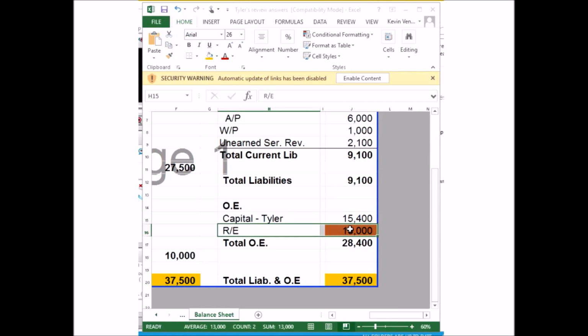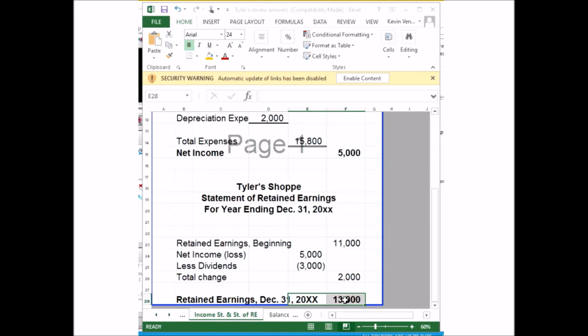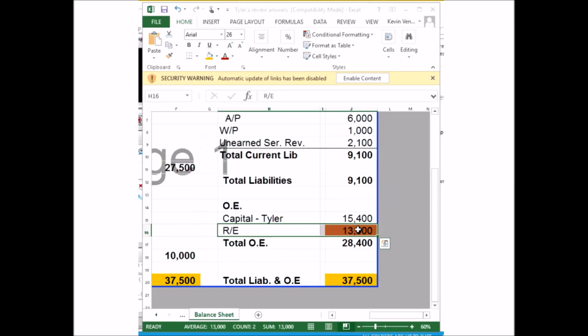And then we have what we consider the connector. This is the item that we just determined in the prior sheet, the retained earnings, the new updated retained earnings. I'm not using the old number because I can't use it again, the 11,000. I have to use that new 13,000 number that I just got that's going to be my connector. It's going to help me connect all three sheets. So that retained earnings is going to go right here, that new number.